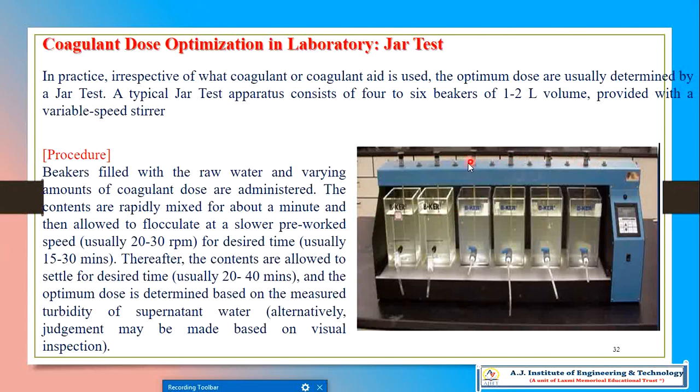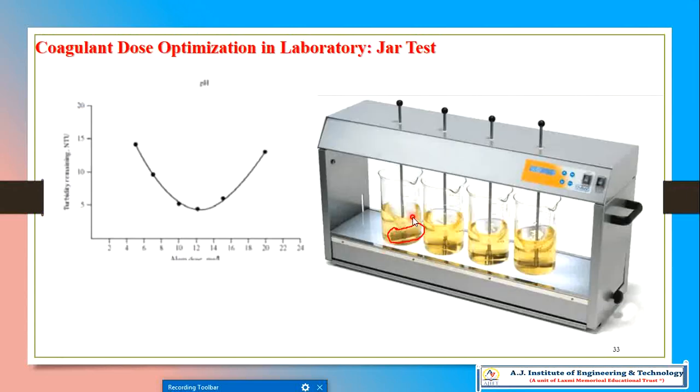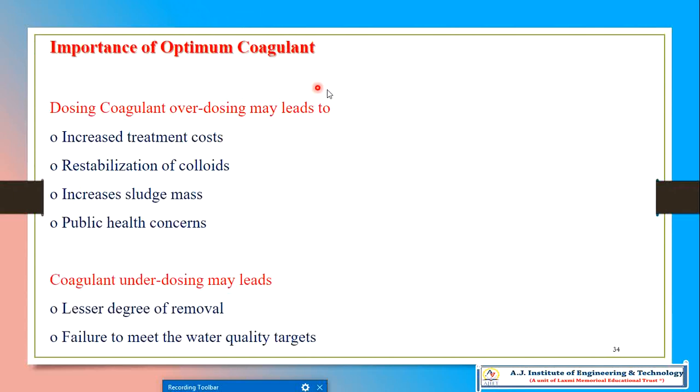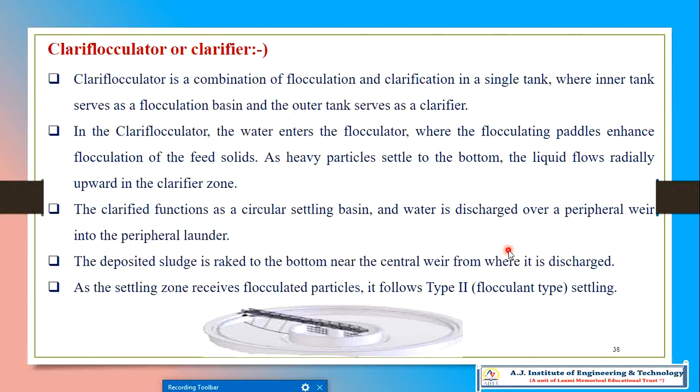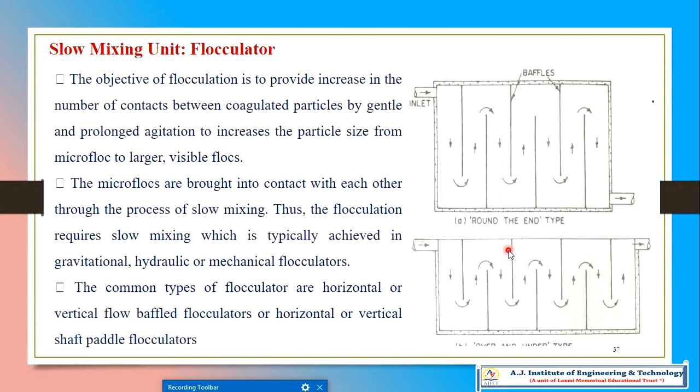I explained how we do the test in the laboratory and achieve the result, and we compared the importance of the optimum coagulant dose, meaning what happens if the coagulant dose is more, or if the coagulant dose is less. That is the very important factor which we discussed in the module 3 part 4 video, as well as how the units are arranged in the coagulation and flocculation tank.